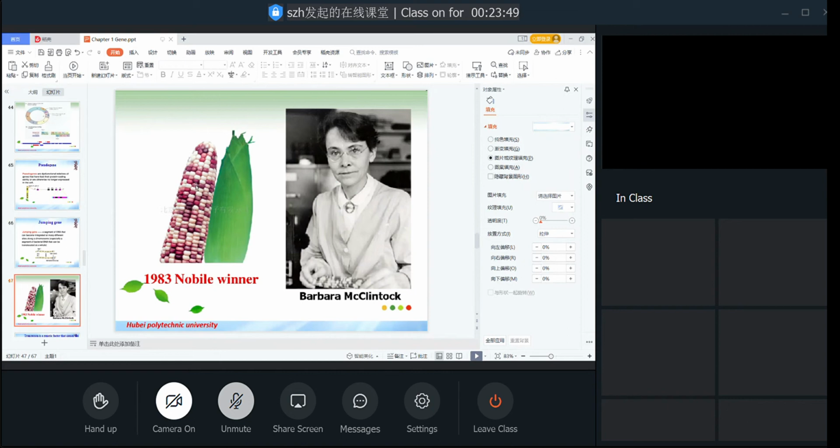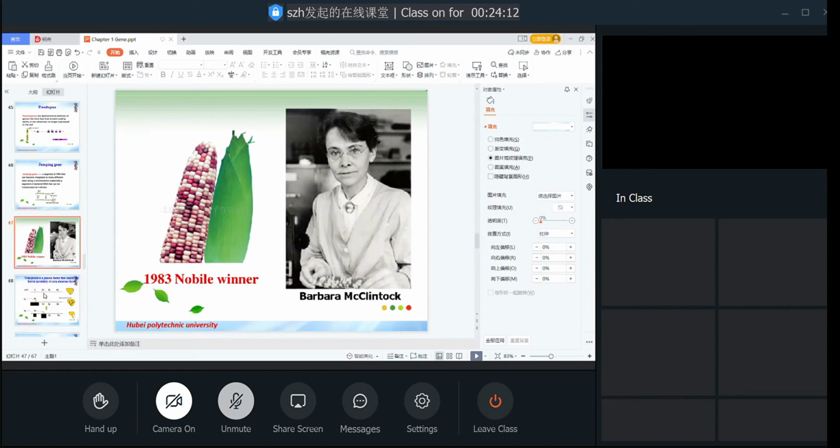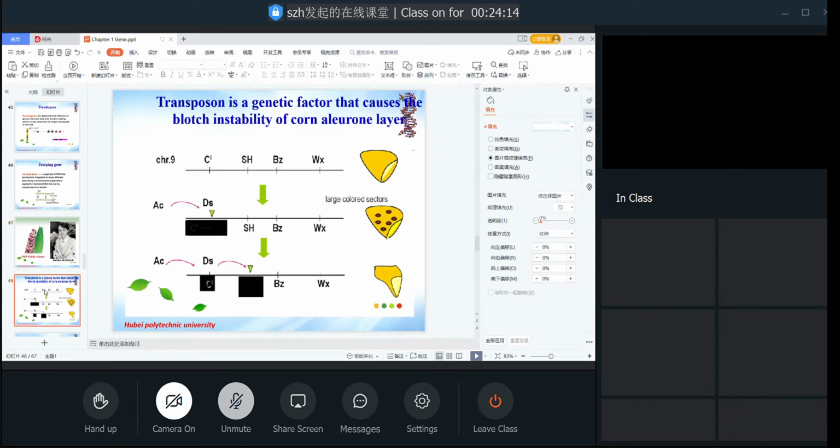You can see some corn kernels are red, some are white, some are partially red, partially white. Why like this? This lady did some famous research and found out why.